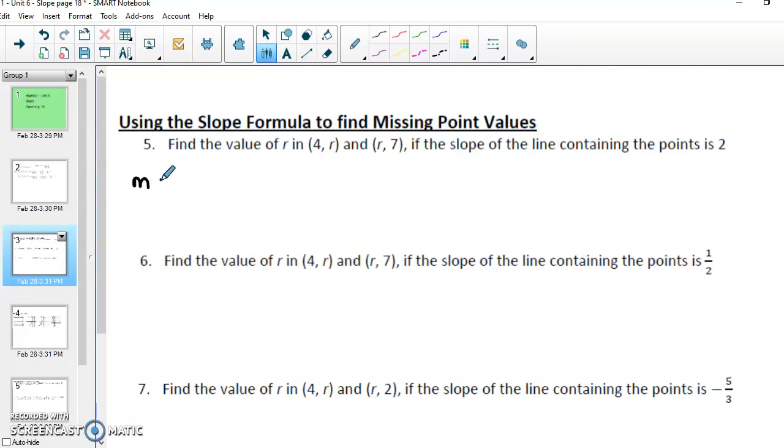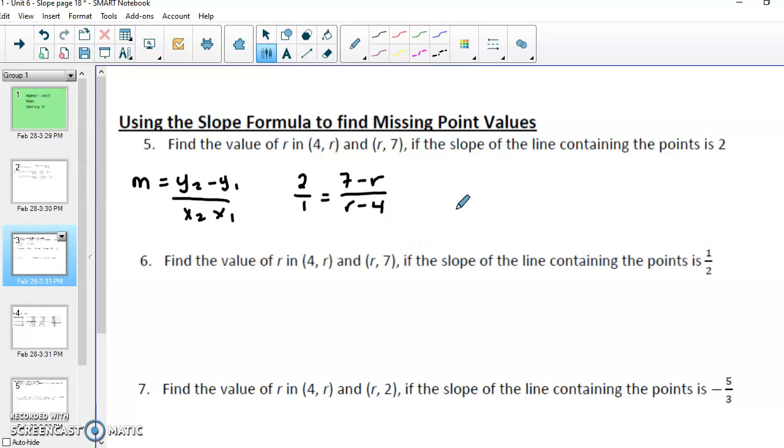The first thing I'm going to do is write down the slope formula. My slope is 2. I'm going to write that as 2 over 1, and you'll see why in a minute. 7 minus r over r minus 4.